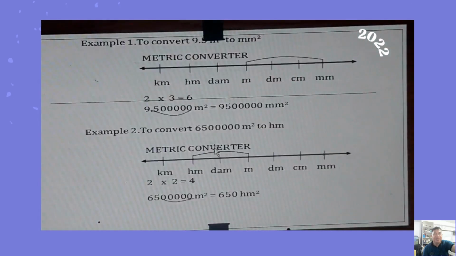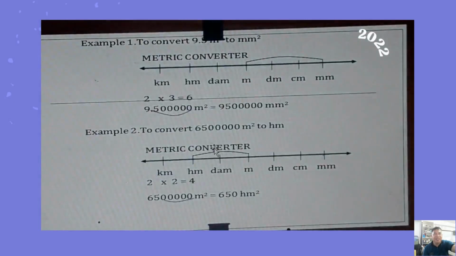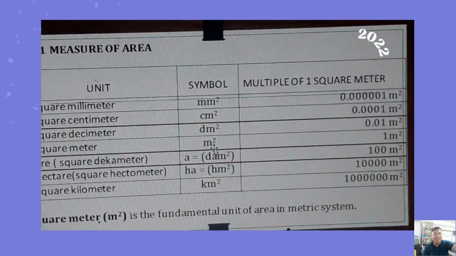First, we are advised to familiarize first the measures of area, considering the table provided here. Again, we need ratios in order to convert unit area from one unit to another.